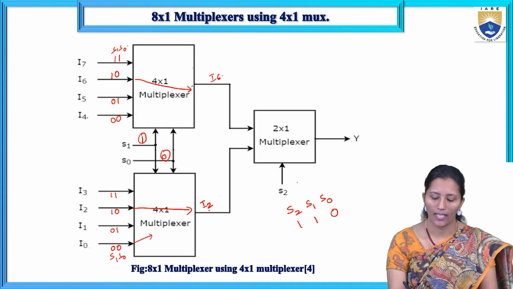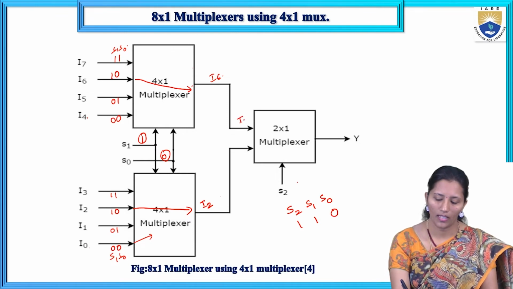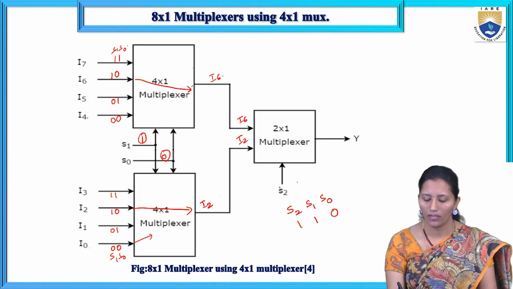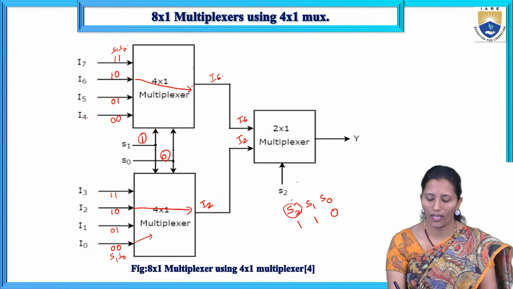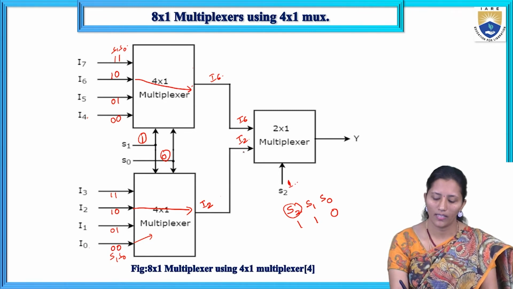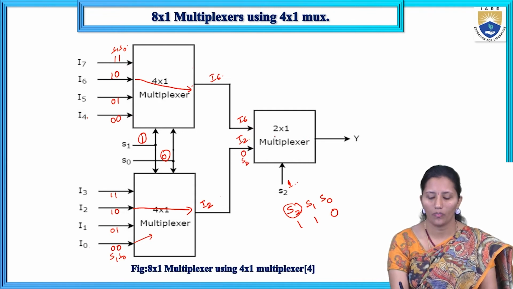So I6 and I2 are the outputs of the multiplexers, and these are the inputs to the second multiplexer. For the second multiplexer, S2 is 1, so we are giving 1 here. If the selection line is 0, I2 will be transmitted to the output; if it is 1, I6 will be transmitted.